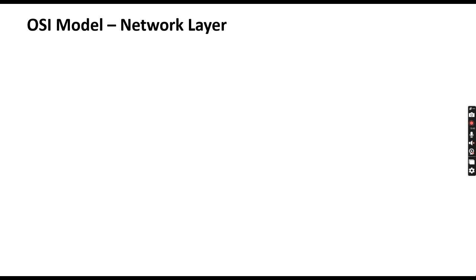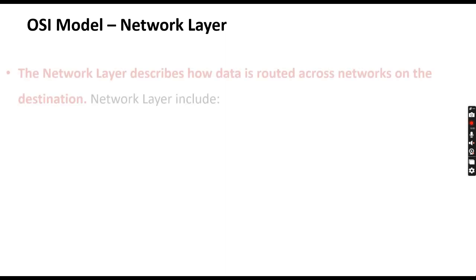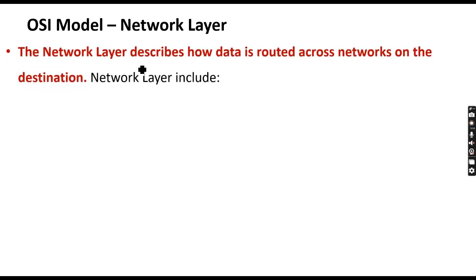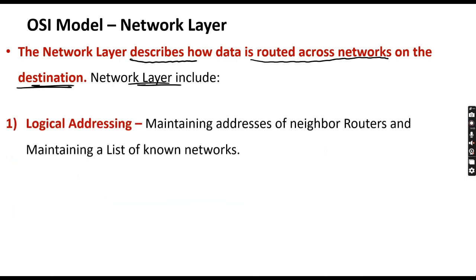Again, a couple of major points to remember. See, the network layer is the major layer which we deal with in daily life. Network layers describe how the data is routed across the network to the destination. And the network layer includes two major functions.